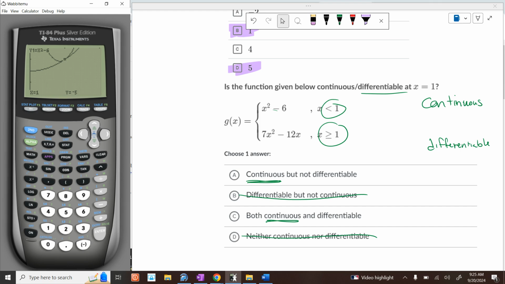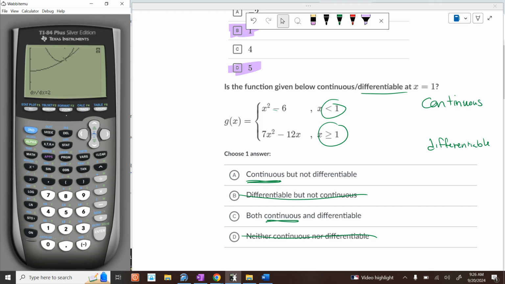We're on the first graph, y1 equals x squared minus 6. Do you see that at the top of your calculator? I want to find the derivative at that point, 1, -5. If I hit enter, I get a derivative of 2.